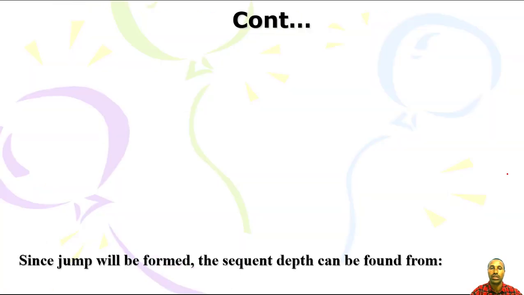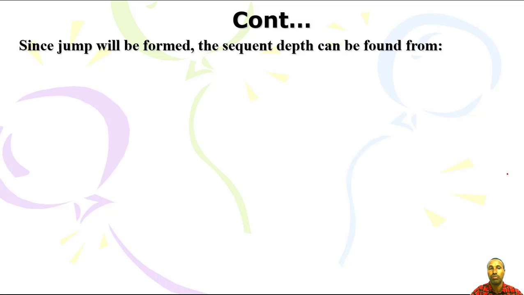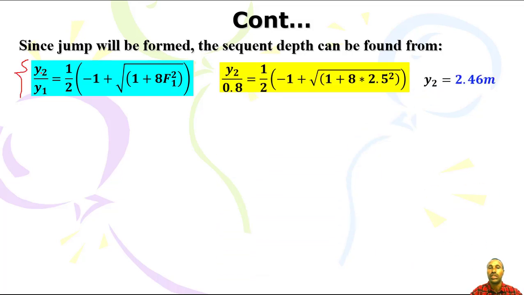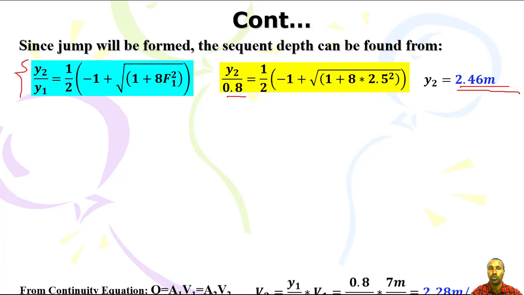Then you can calculate the other parameters. Since a jump will be formed, the sequent depth can be computed using this equation: y2 over y1 equals 1 over 2 times minus 1 plus square root of 1 plus 8 F1 squared. If you substitute, then you get y2 will be 2.46 meters. So this is the post-jump depth in section 2.